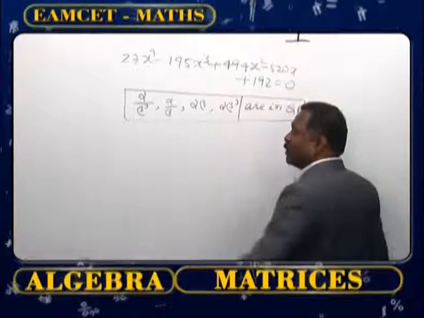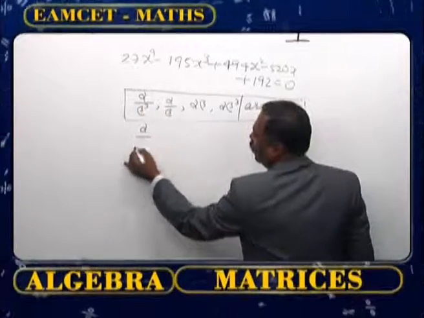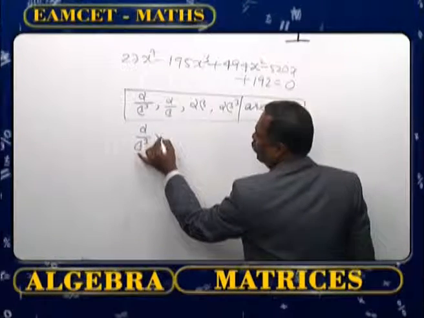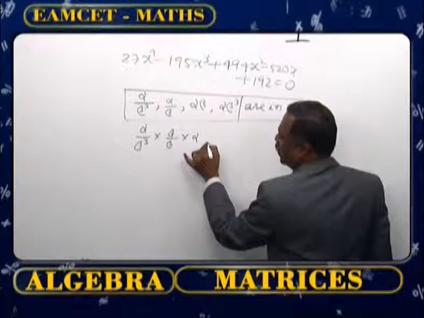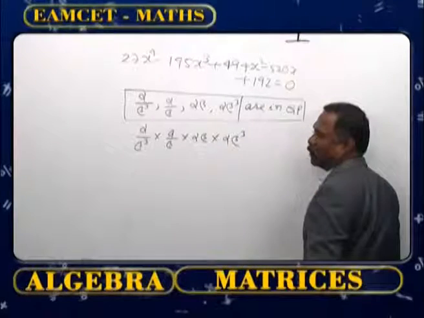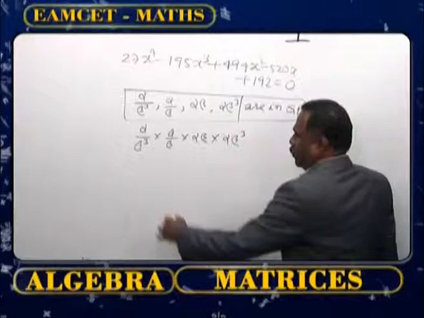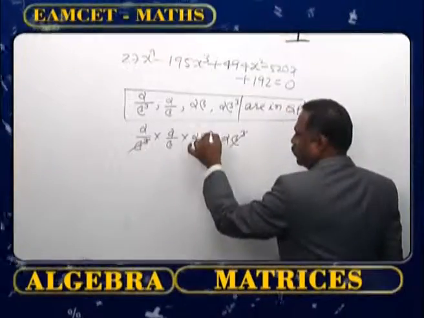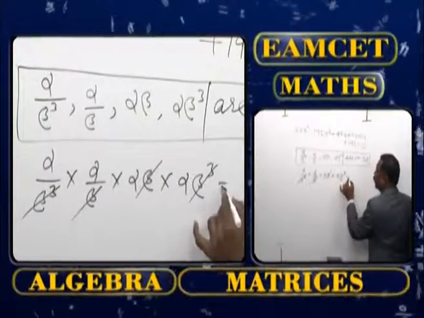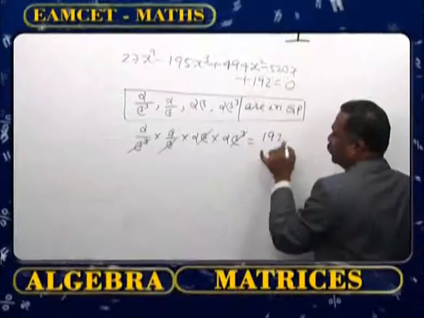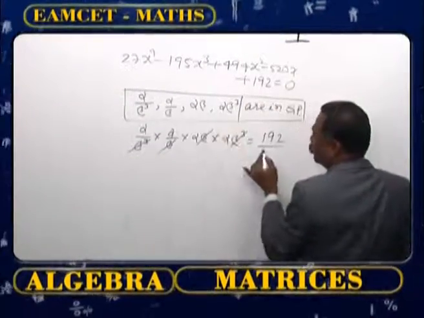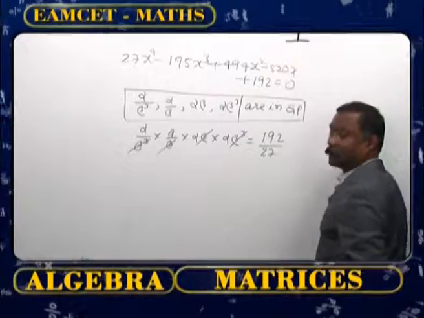By taking like this, if you multiply all this, alpha by beta cube into alpha by beta, into alpha beta, into alpha beta cube, what happens? Beta cube, beta cube, beta, beta cancel, and the product of the roots is 192 upon 27. Understand now?